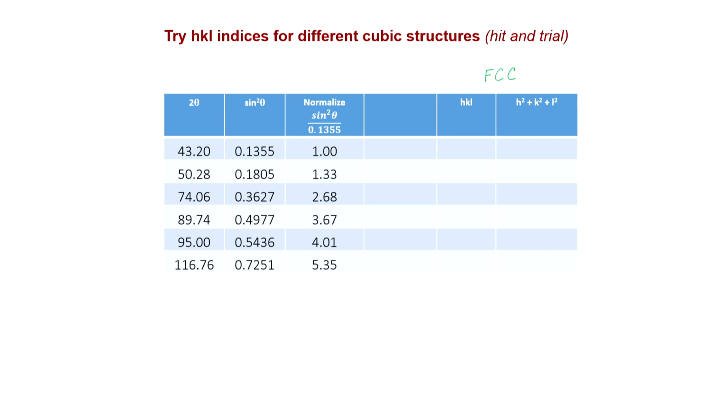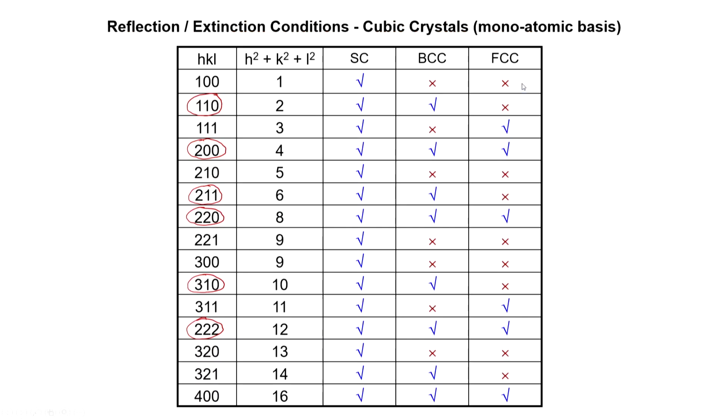We are trying face centered cubic. Let us quickly look at the planes for face centered cubic. The first one would be 1, 1, 1, the second peak should be 2, 0, 0, the third one would be 2, 2, 0, all unmixed indices I am taking, then 3, 1, 1, 2, 2, 2, and 4, 0, 0.